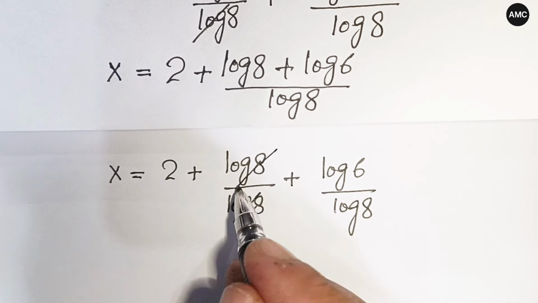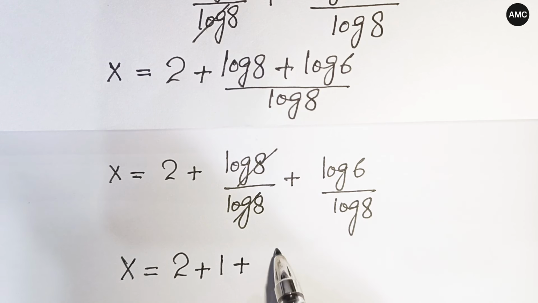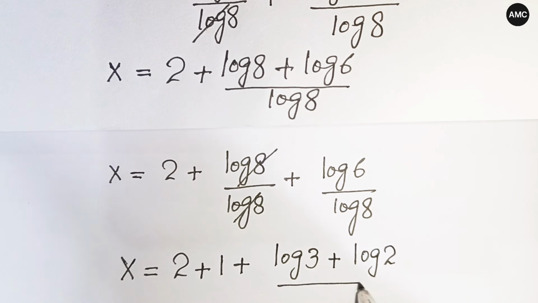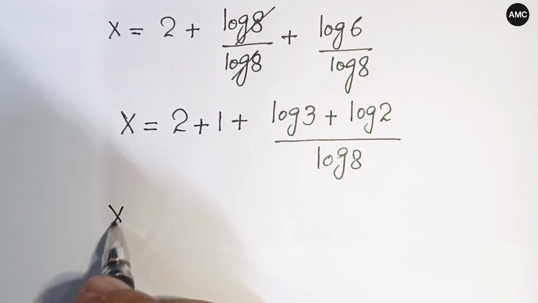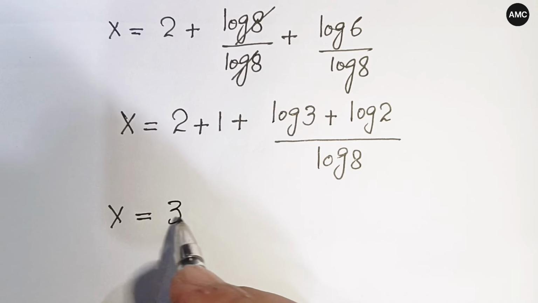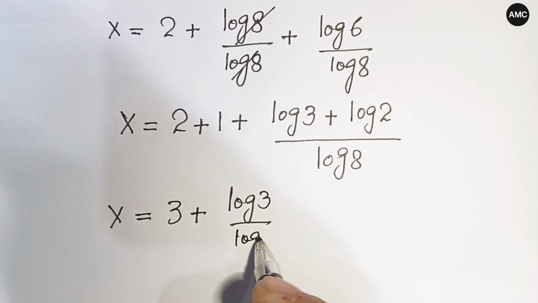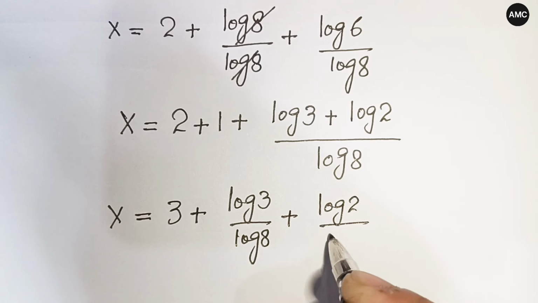Now here log 8 cancels out, we get x is equal to 2 plus 1 plus, and log 6 is written as log 3 plus log 2, all over log 8. Now x is equal to 2 plus 1 is 3 plus log 3 over log 8 plus log 2 over log 8.